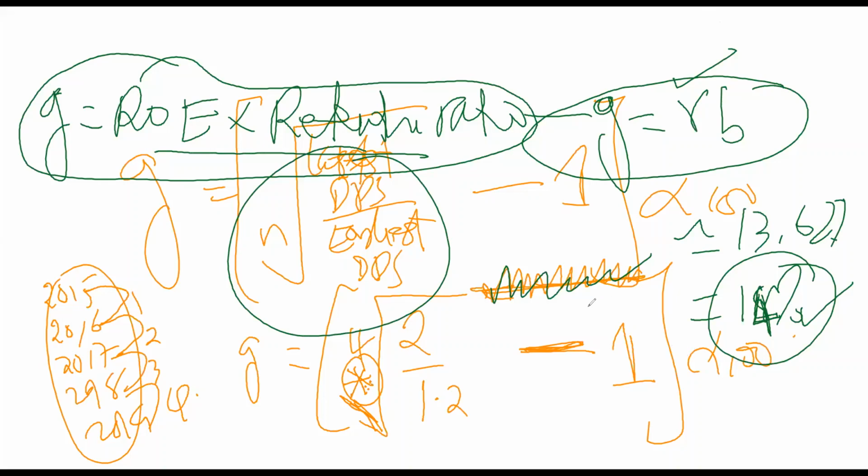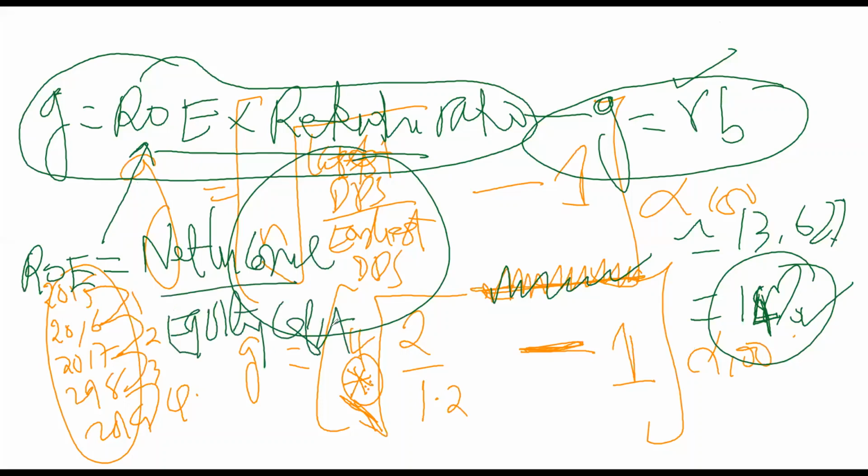How do you arrive at return on equity from your ratio analysis? What is the formula for finding return on equity? Net income over equity capital, multiplied by 100.